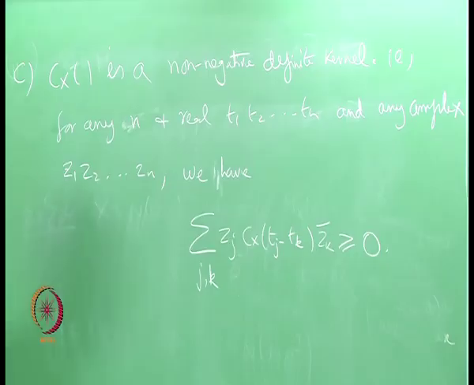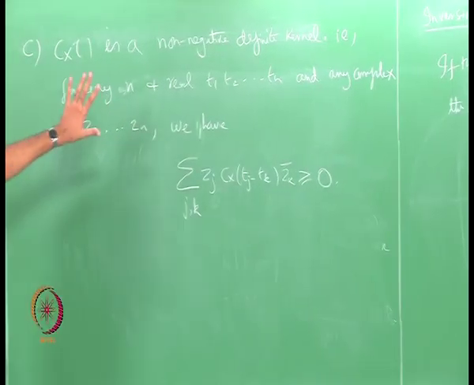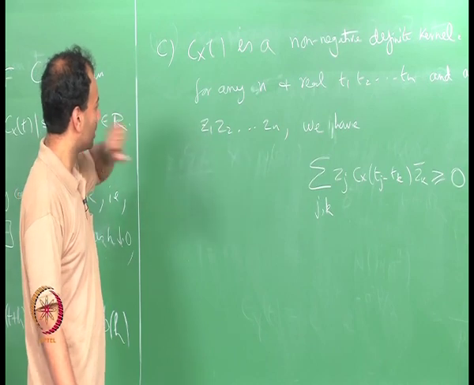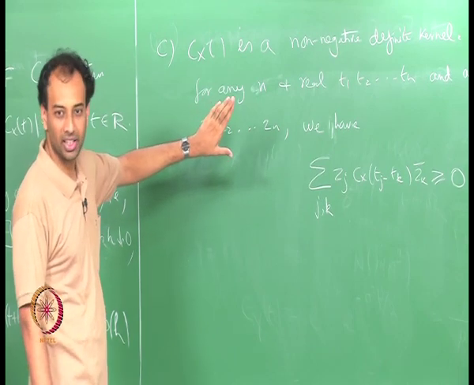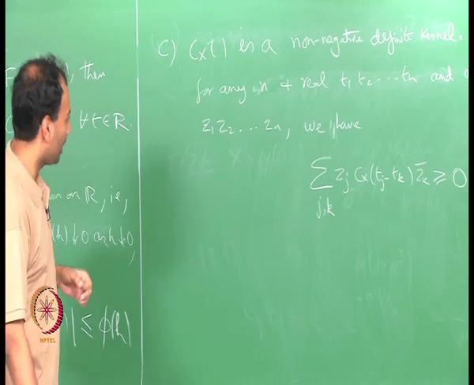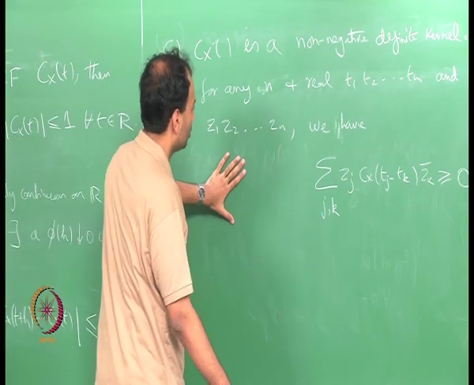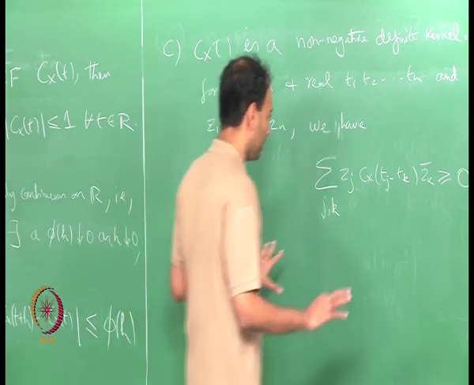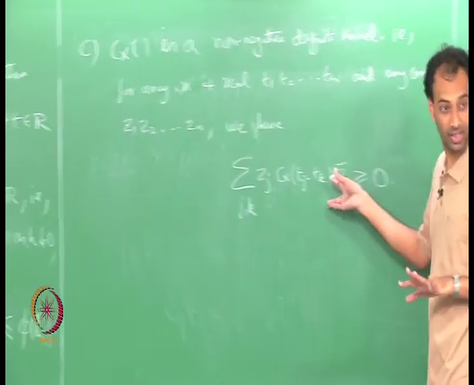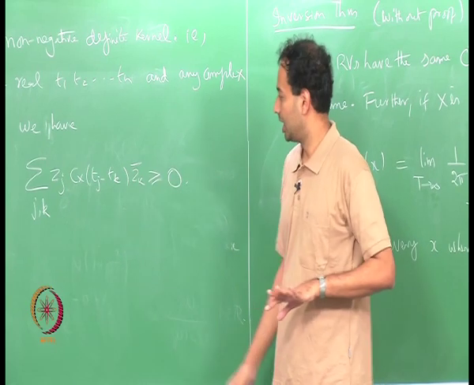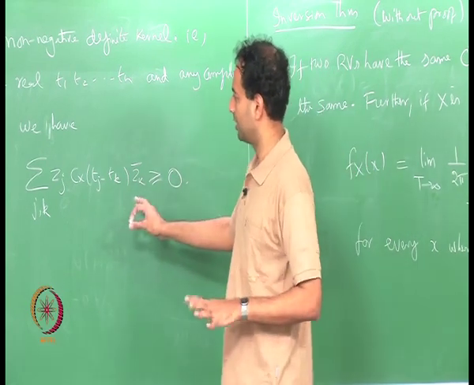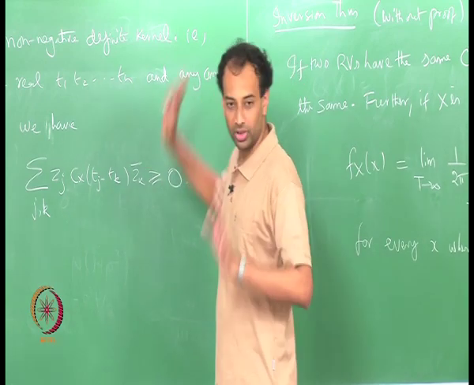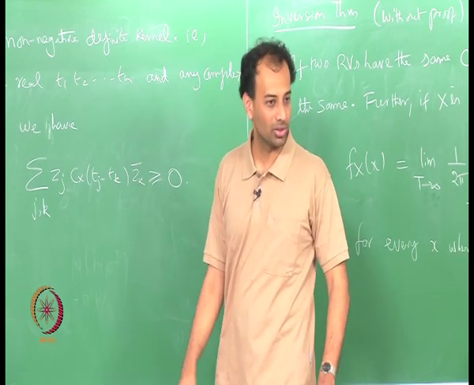So, this is a very fundamental property of characteristic functions. It does look a little bit hard to digest in the beginning. I will help you parse this. What you are saying is that you are considering these complex quadratic forms. You are fixing some n, any positive integer n, and you pick any real t 1, t 2, ..., t n you want, any complex z 1, z 2, ..., z n you want.